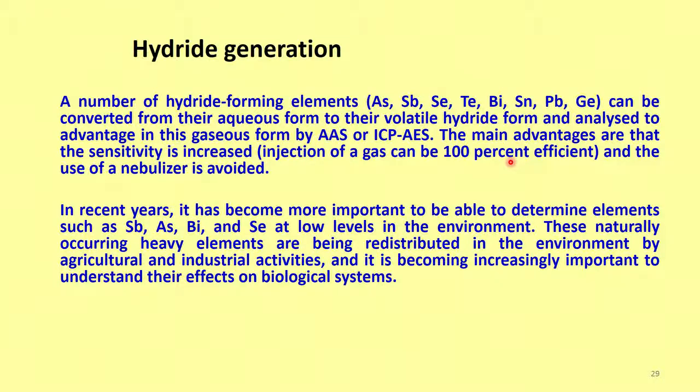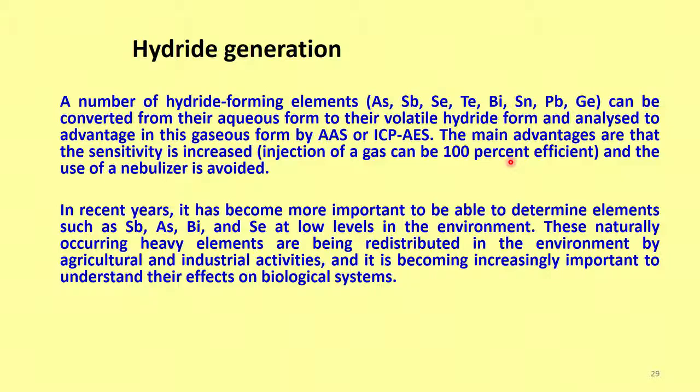In recent years it has become very important to be able to determine elements such as antimony, arsenic, bismuth and selenium at low levels in the environment, and aluminum also, for example.